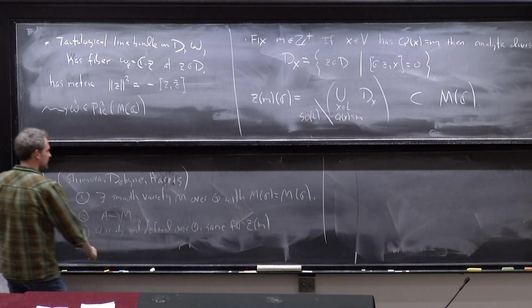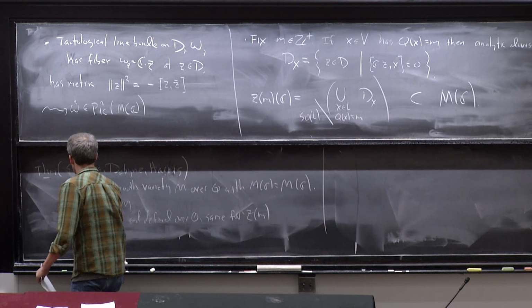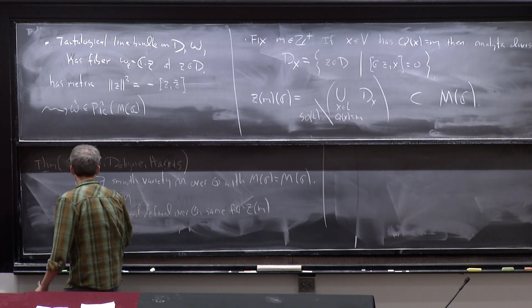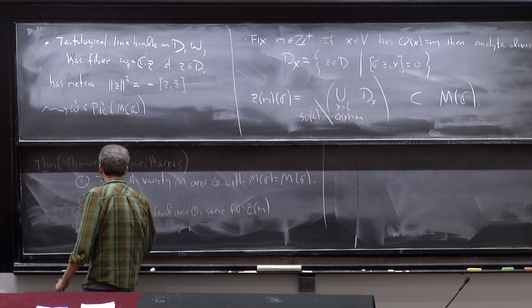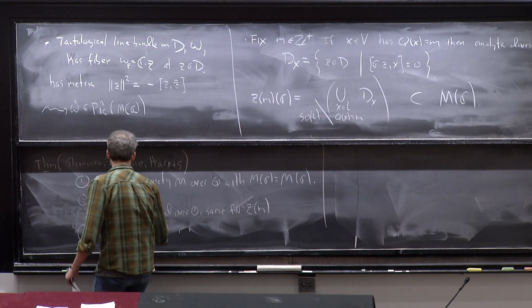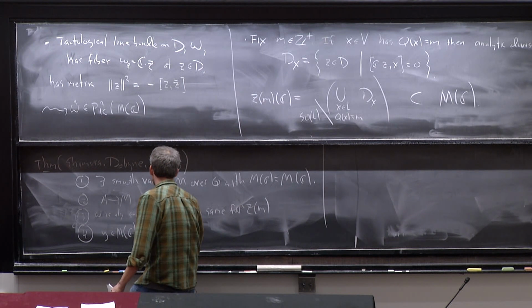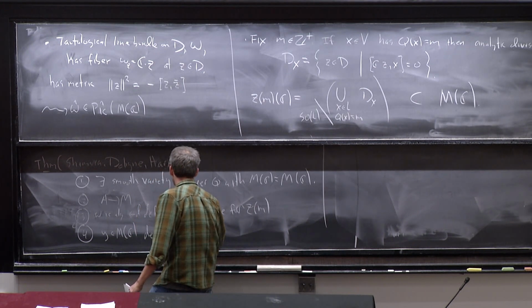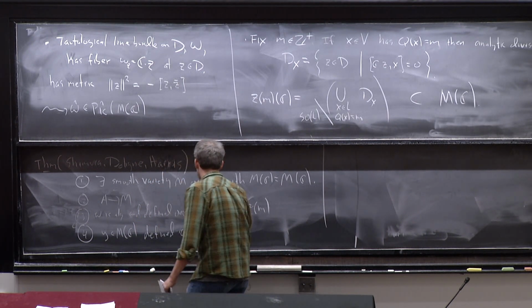Oh, and well, M had a distinguished complex point that I called y. And that's not defined over Q, but it's defined over the CM field E that we started with.